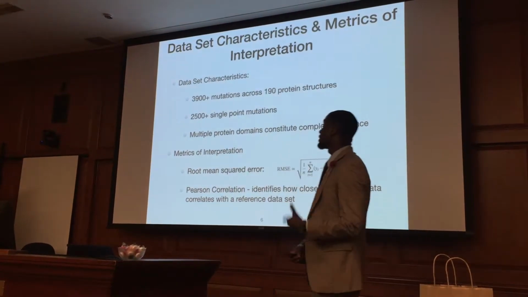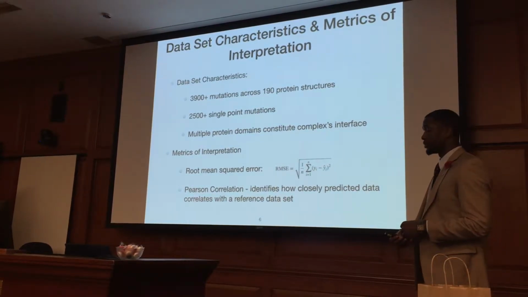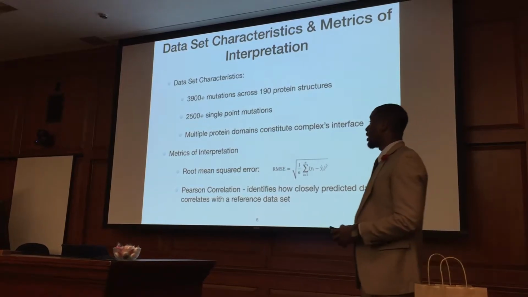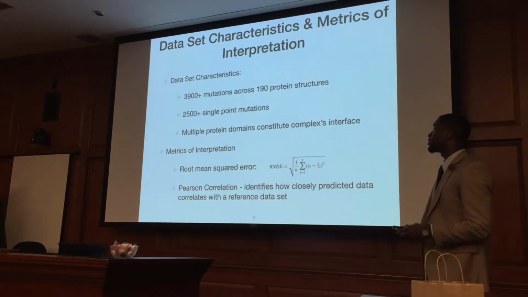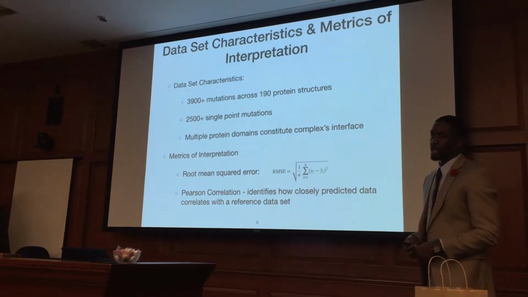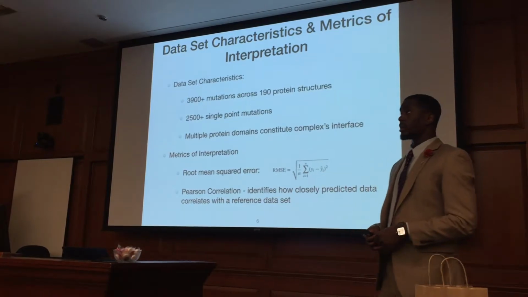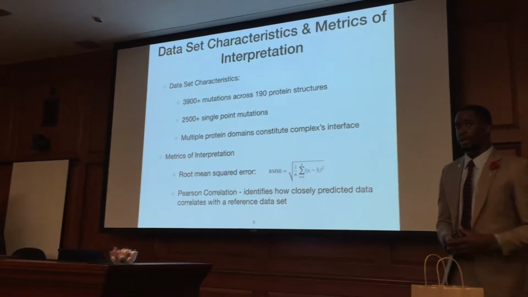So, to describe the data set that I used to run these huge simulations, we have a data file of about 3,900 single and multiple point mutations. Across this data file, it encompasses about 190 protein structures, so a vast library.